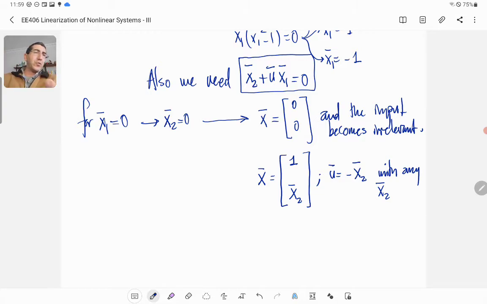For those of you who have taken 407 process control, this also coincides with what we call the operating point. By selecting an equilibrium input and an equilibrium state, you generate an operating point around which you can linearize the system.